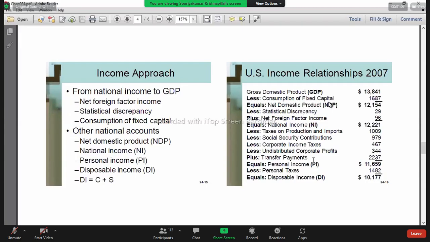You can use that disposable income for consumption or saving. When you use this disposable income to purchase goods, again you will pay tax in the price, the indirect tax. That is not income tax. All products have tax also. But this disposable income you will use for consumption and the rest you save.